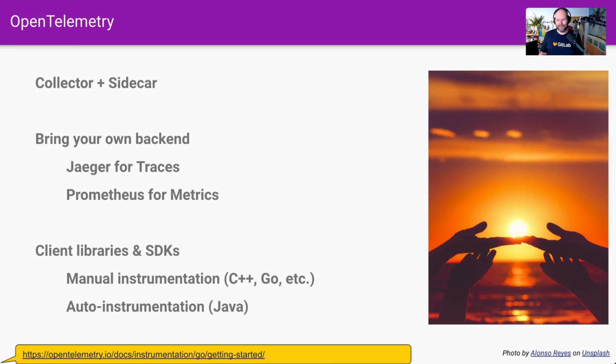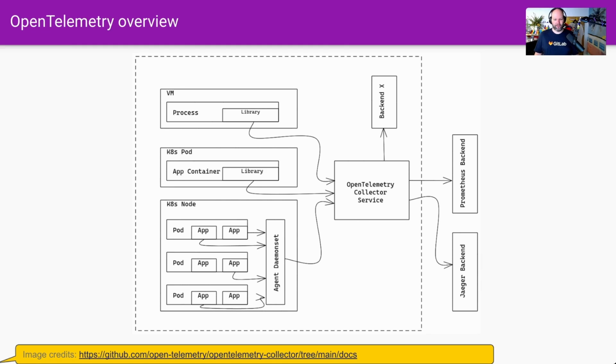So it's like sitting in between the virtual machine in Java and tracing the calls and things which are useful. This is to be evaluated if it's useful. This is just a picture from the documentation from OpenTelemetry to visualize how it actually works with the collector service. In the end, it's really useful to understand that I'm bringing my backends, I'm having the OpenTelemetry collector service, and the application which I'm instrumenting is sending the data to the collector, and this is basically the entire magic behind that.